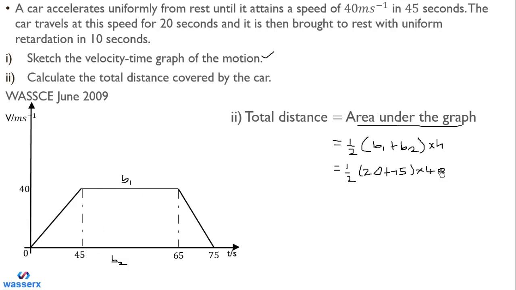We know that 20 plus 75 will give you 95, and half of 40 will be 20. So you multiply 95 by 20 to get 1900 meters. Therefore, the distance covered by the body is 1900 meters.